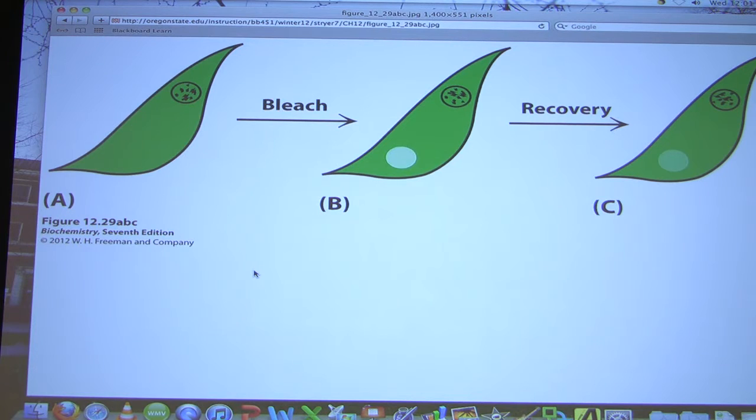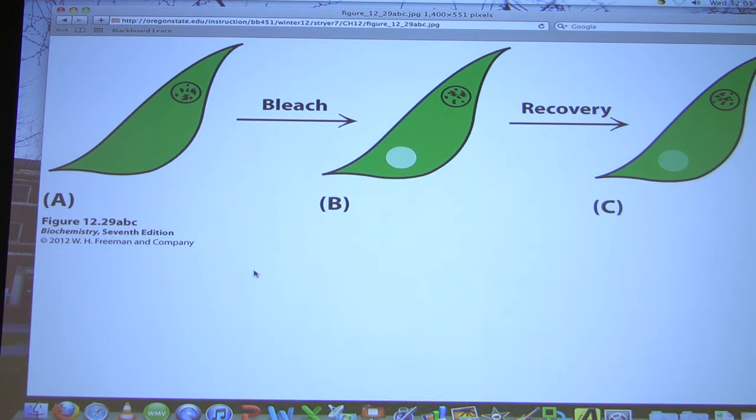What you see on the screen is an experiment demonstrating the fluidity of a membrane, and that fluidity is studied by embedding dyes that are sensitive to a laser in the molecules of the membrane itself. What happens is that the dye, when it's exposed to a laser, will actually get bleached.